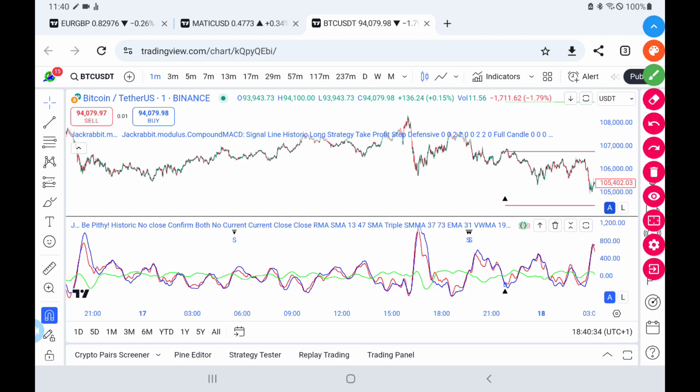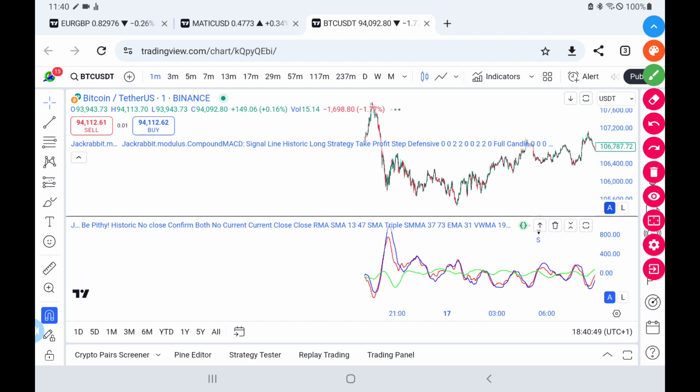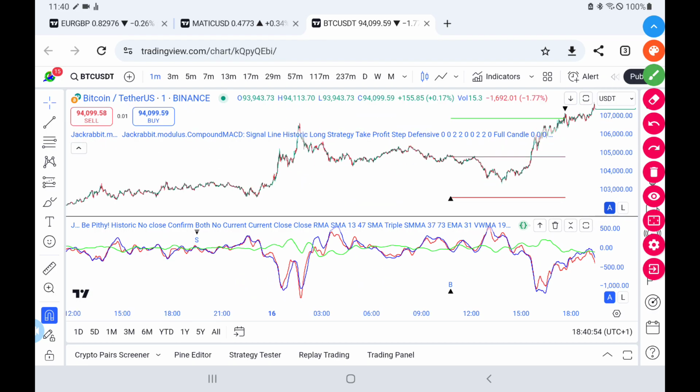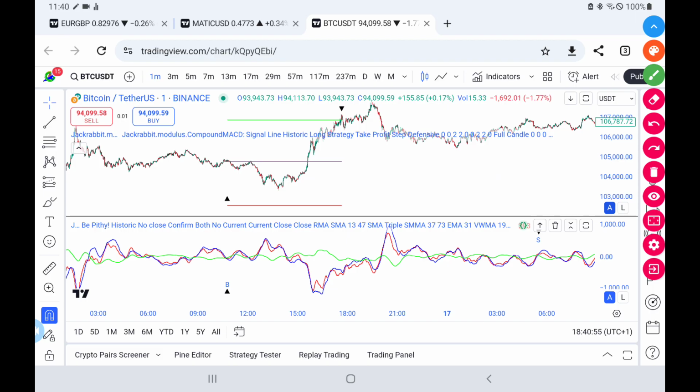This is, after all, Jackrabbit, and it always strives to look at the market in different contexts. So we can see how the market unfolds with different levels of indicators, some of which may only be a very short run.